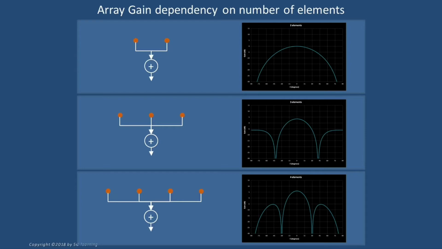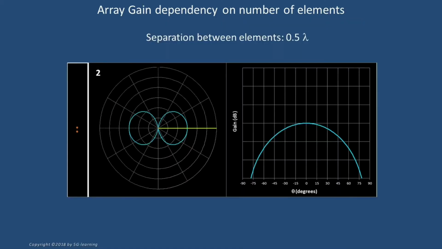As more elements are added to the array, its gain becomes increasingly focused to a direction perpendicular to the line joining the array elements. This animation shows the array gain evolution as the number of elements grows from 2 to 32.